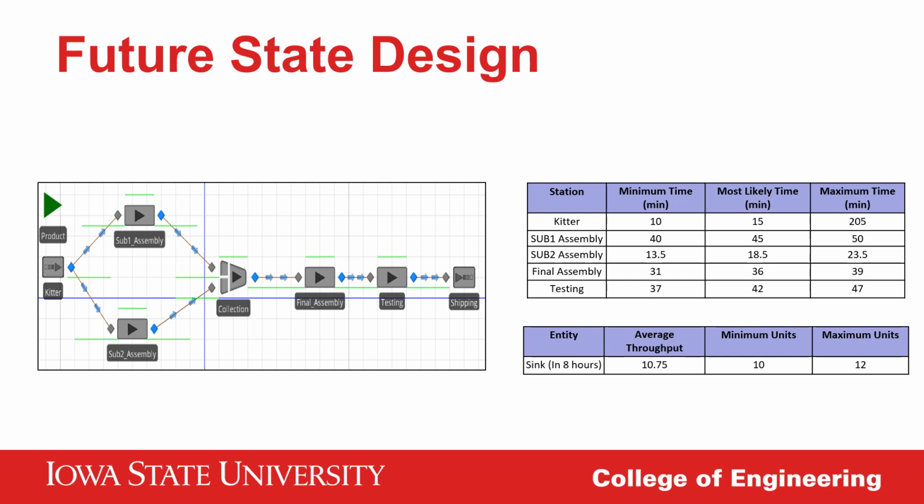In terms of our future state design, as was mentioned earlier, we wanted to focus on the transformation from the job shop environment we currently had to more of a one-piece flow system. There were two key changes we had to make to the system to achieve that. The first was to get rid of some of the time that the operators were spending moving back and forth between different parts of the cell to collect parts for their individual assemblies.